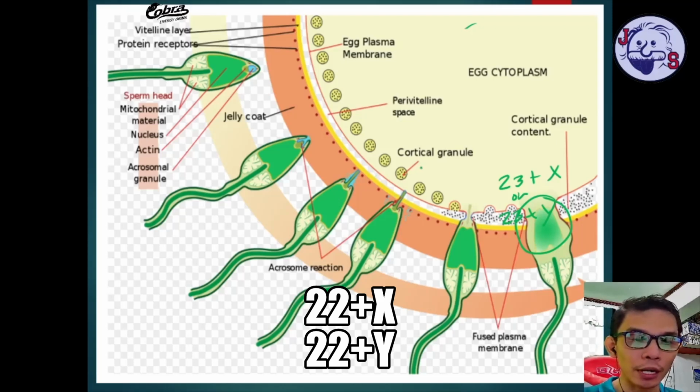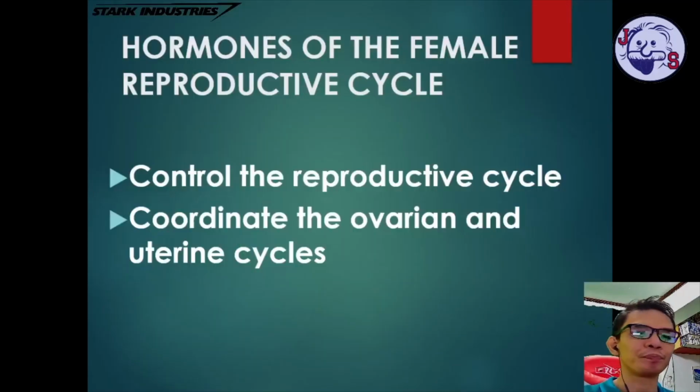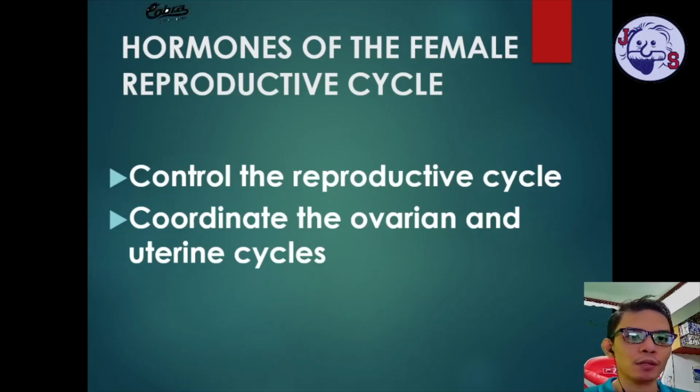Furthermore, it will develop to become a zygote, fetus, and a newborn offspring. So that is the fertilization process. Now, what are the hormones that are needed in order for the egg production to be successful?